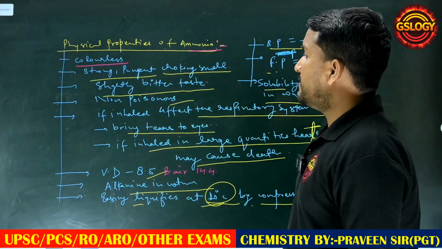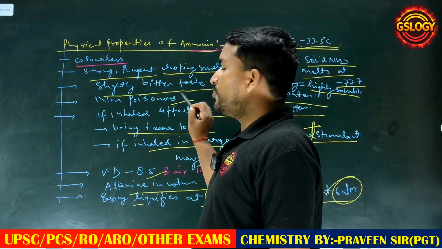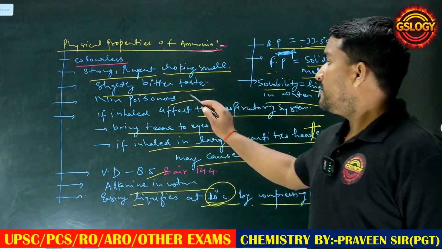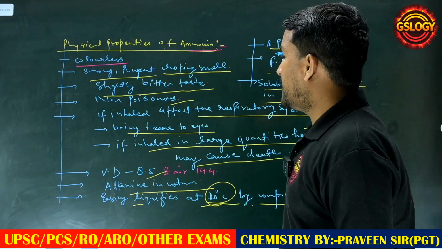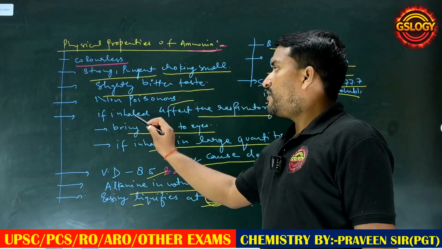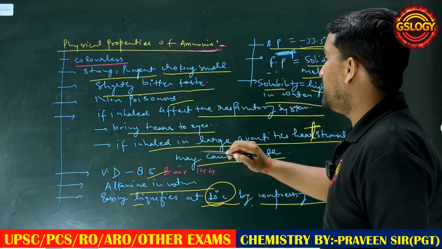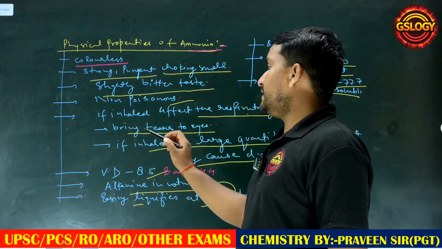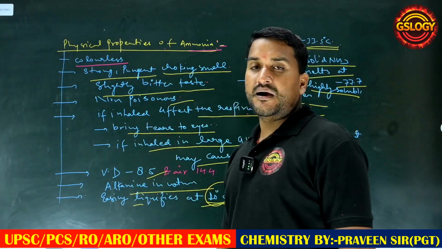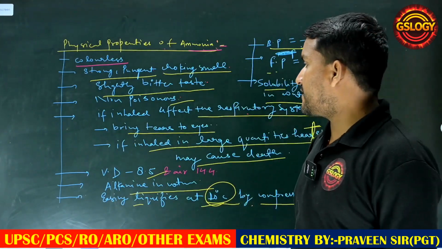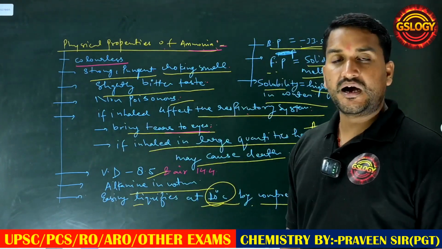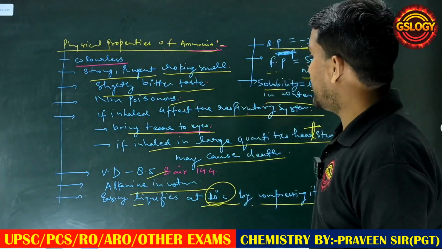Slightly bitter taste, and it is non-poisonous. If ammonia gas is inhaled, it affects the respiratory system, and when it comes in contact with the eyes, it brings tears to the eyes.